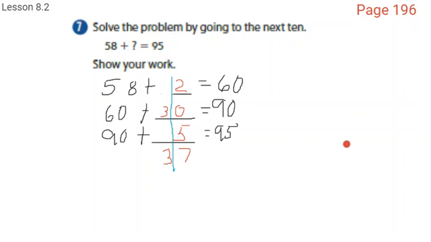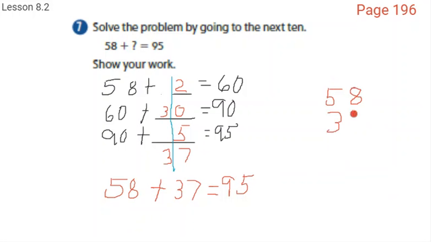So 58, so therefore I can write 58 plus 37 equals 95. I can validate that by, again, 58 and 37. I'm going to use this standard algorithm here.